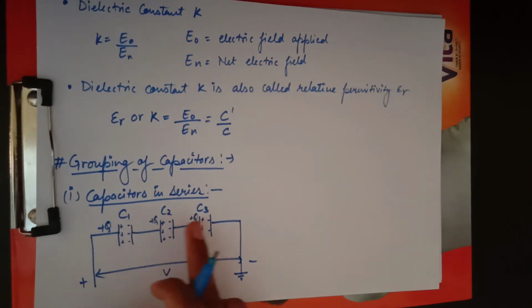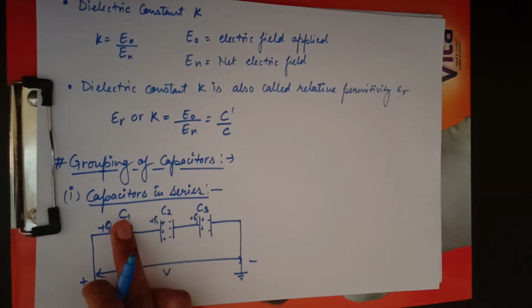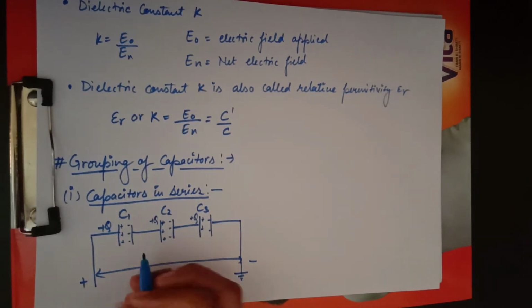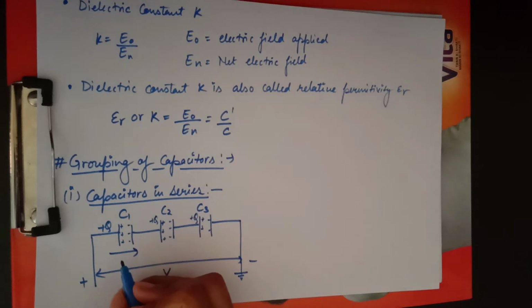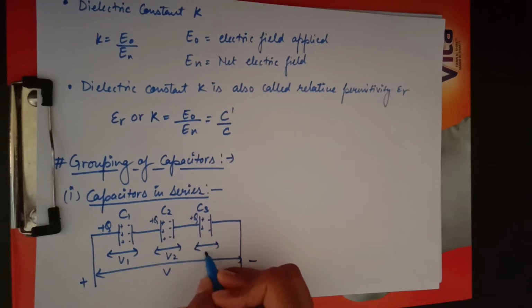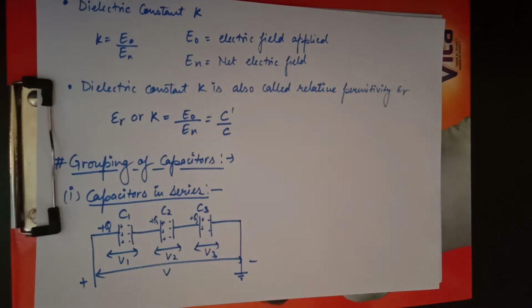As these capacitances are different, C1, C2 and C3, the potentials will be different. I can write the first potential as V1, the second as V2, and across the third capacitor it is V3.